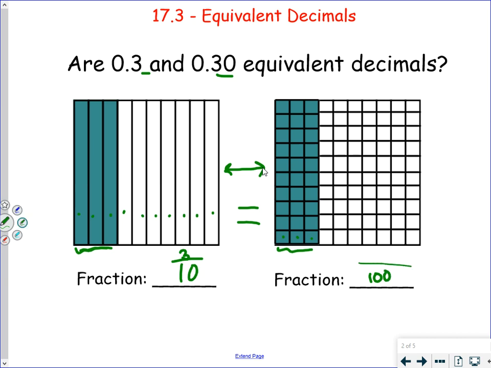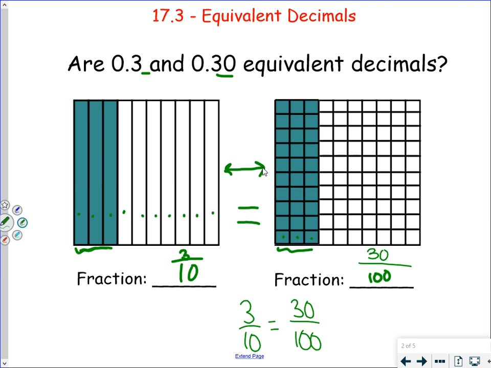Okay? And we have 30. 30/100ths. Okay? So they're both equivalent. So 3/10 is equal to 30/100ths. Okay? So they are equivalent.